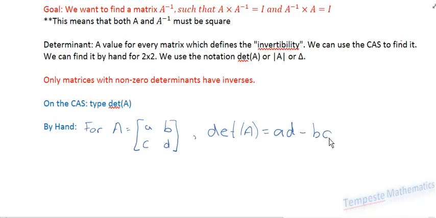If you're doing it for just a 2 by 2, often you can just look at it and calculate that in your head. It's going to be quicker to do it by hand than on the CAS, whereas if it's a 3 by 3, by default you will have to go to the CAS.